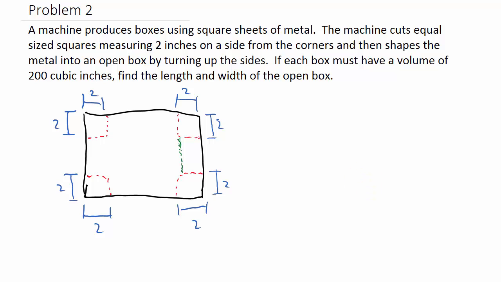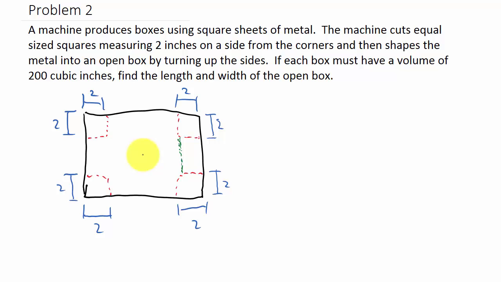So remember, it says the box must have a volume of 200 cubic inches. And remember, the volume of a cube or a rectangular solid is the length of the base times the width of the base times the height of the box.